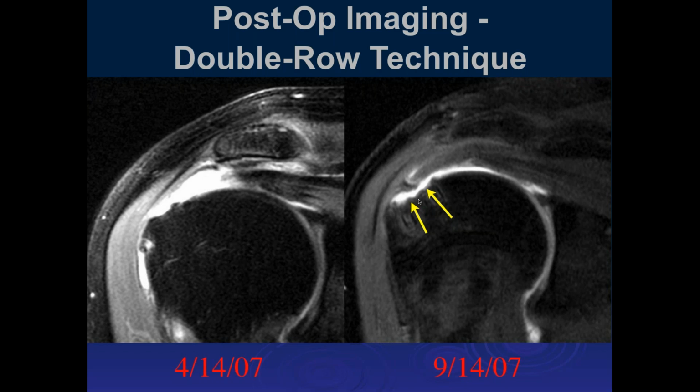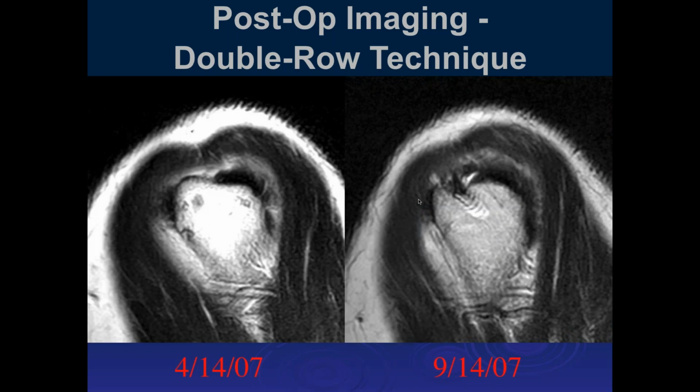Everything depends on the fixation, and make sure that the muscle isn't really being pulled real hard. If it's difficult to pull the muscle and tendon into position, you're going to have problems.